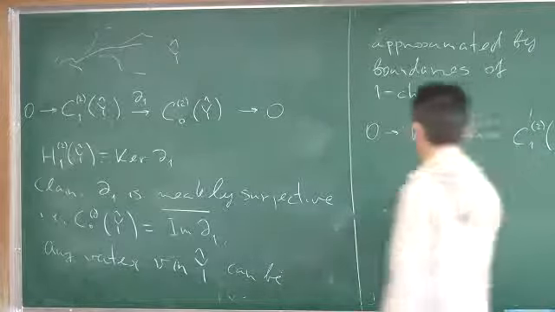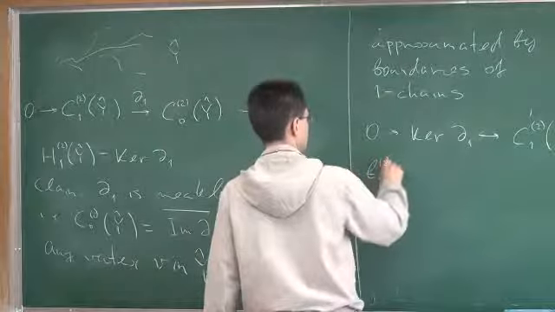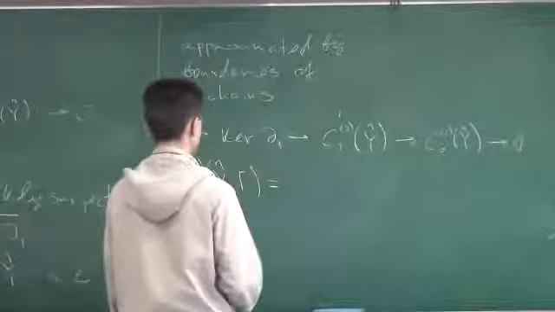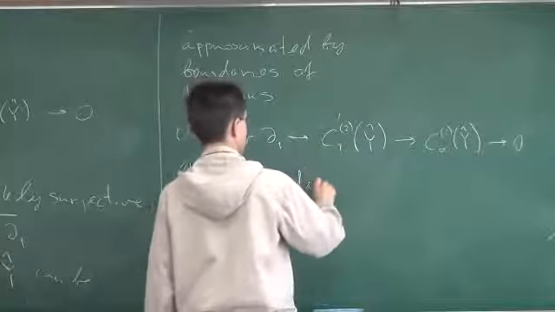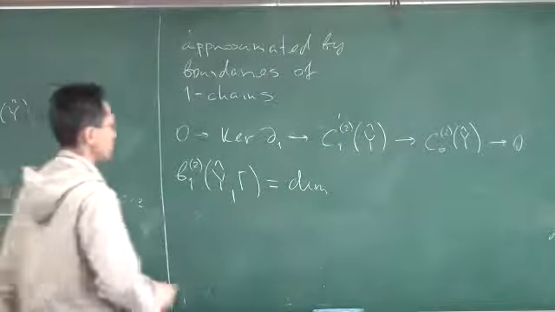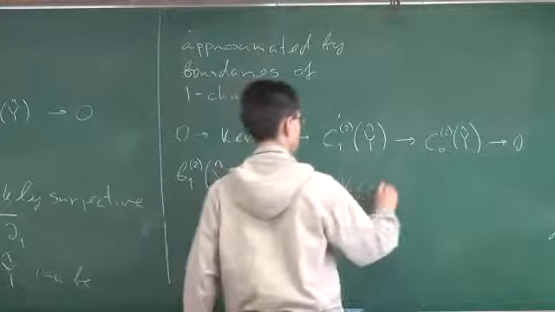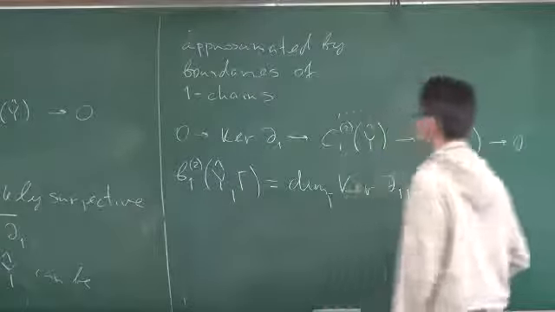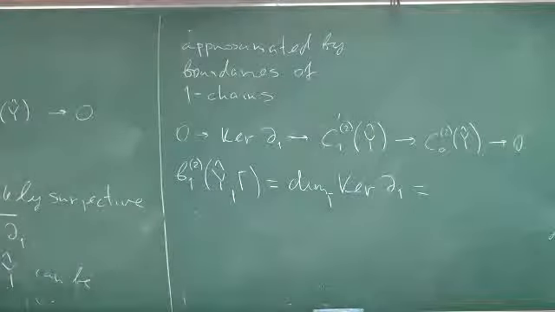So the first L2 Betti number of y hat over gamma is the same as the dimension of homology once again, but that's the same thing as the dimension of the kernel of D1 over gamma. And now what's the dimension of the kernel?